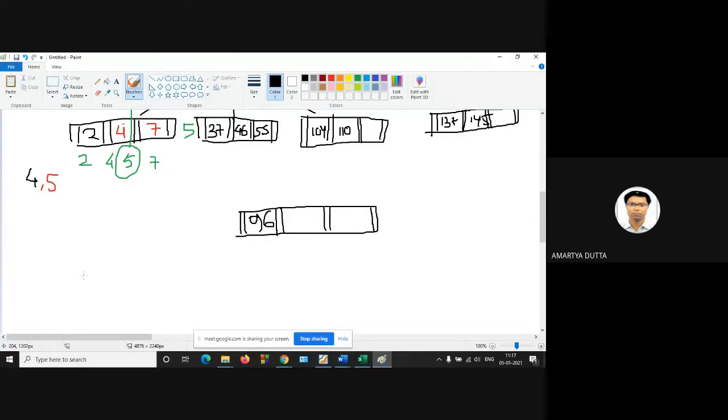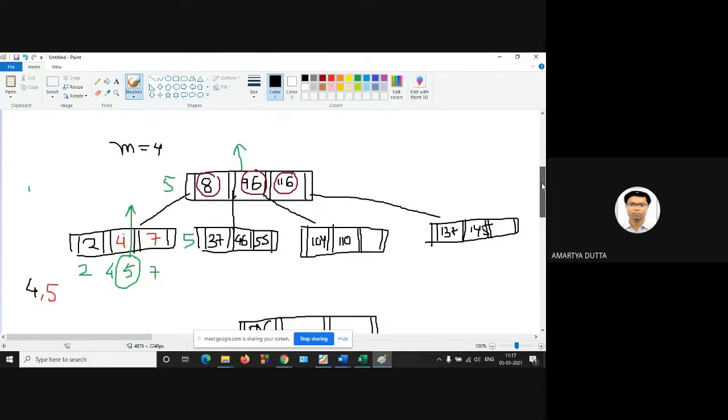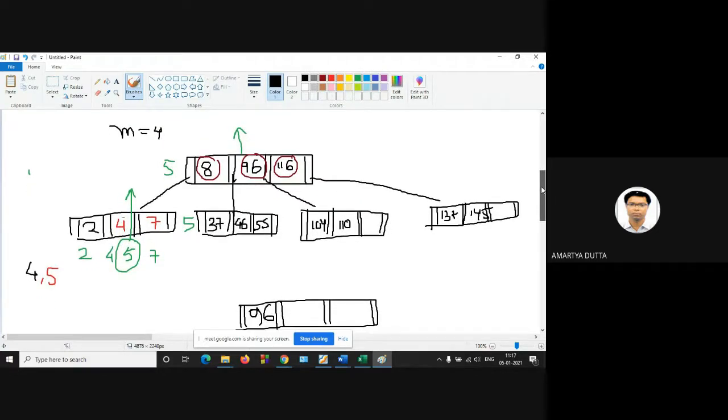Now this node is split. First of all, 5 will be split up, giving 2 and 4. So first of all, we have to split this.